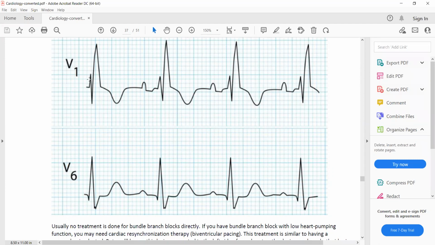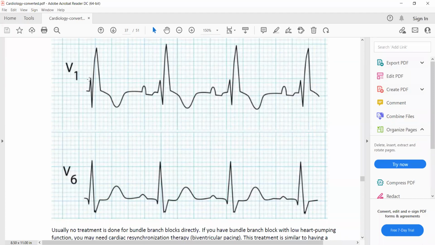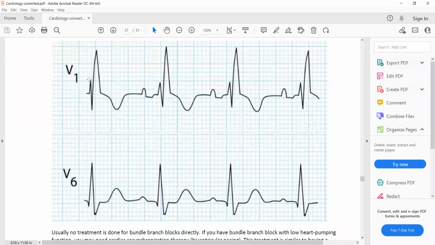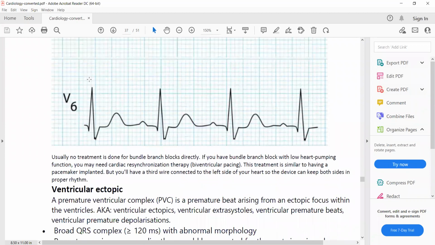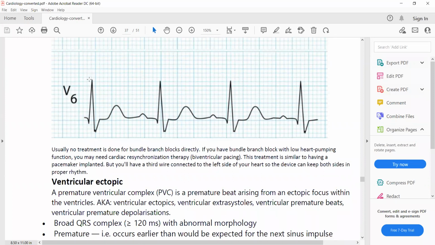Anyone else has any confusion? Okay, so this was all about left bundle branch block and right bundle branch block. New left bundle branch block is equal to ST elevation MI.